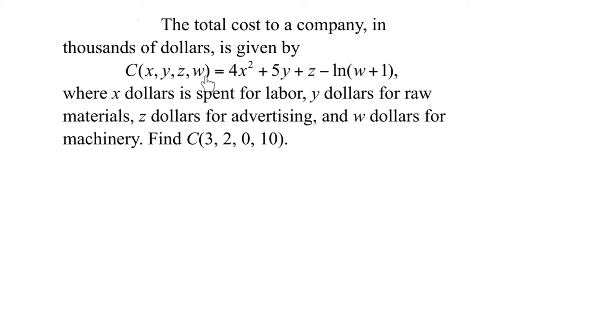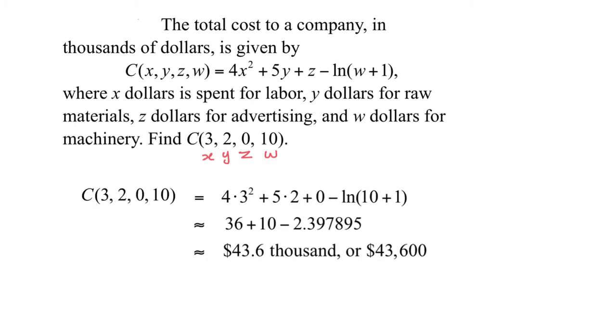In this example, the total cost to a company in thousands of dollars is given by this function. It has four variables, x, y, z and w, where x dollars is spent for labor, y dollars for raw materials, z dollars for advertising, and w dollars for machinery. We need to find c of 3, 2, 0, 10. So this is x, y, z, w. In this function, replace x, y, z, w with these values and evaluate.